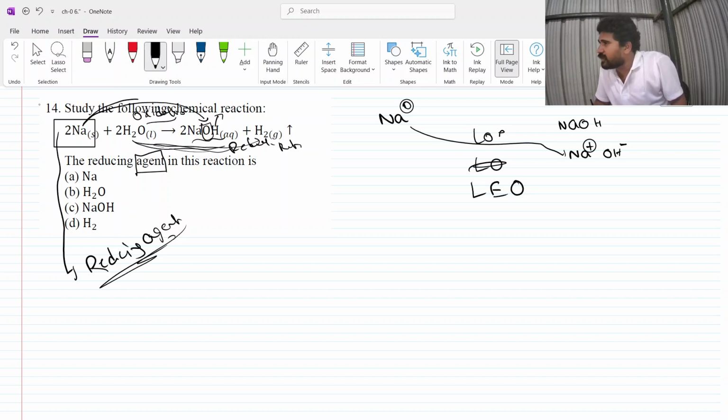Is that clear? If I ask H2O, who is the H2O? Oxidizing agent. Who is the H2O? Oxidizing agent. Is that clear for everybody? Any confusion? Fine. So what is the answer? Reducing agent. Who is that? That's it. Understand? Next.